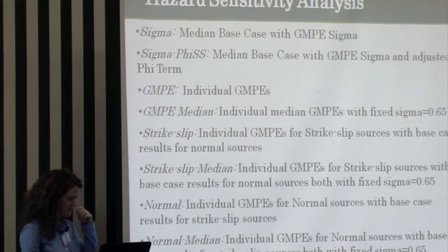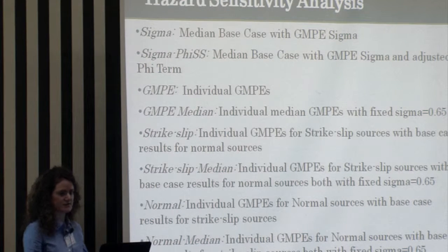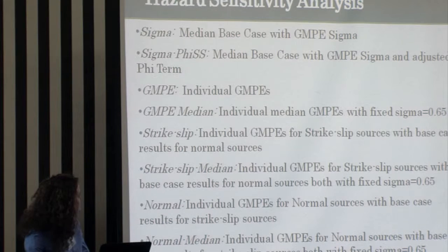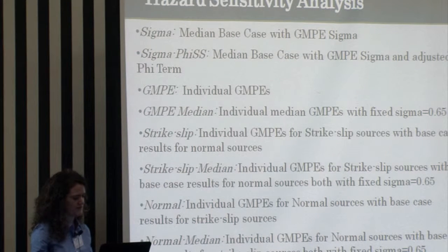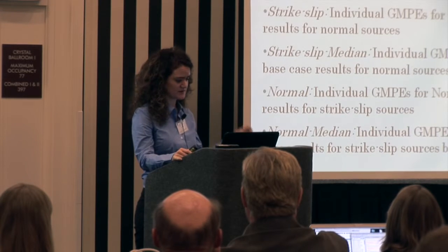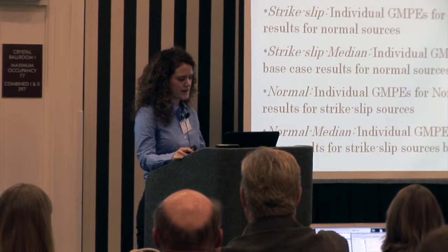The sigma VSS is the single station sigma, and again, we're looking at the median base case, but now we've adjusted it for a single station sigma, and we're looking at it with its GMPE sigma. The next one is the individual GMPEs, and that one's the most straightforward because it's just the GMPE with its own sigma. And then we have the GMPE median, which is the GMPE with the sigma fixed.